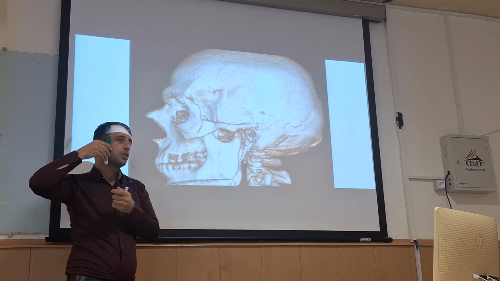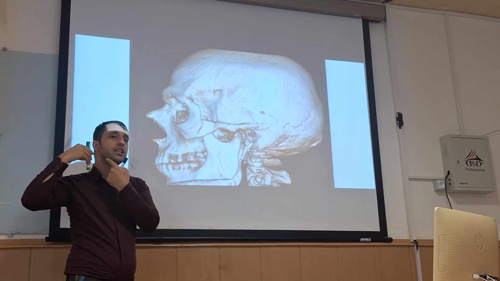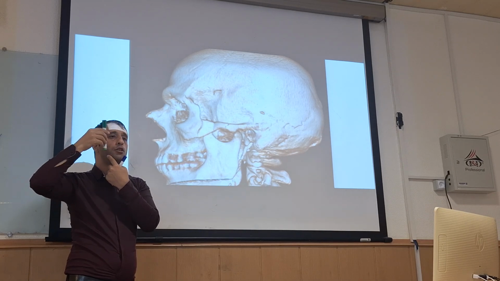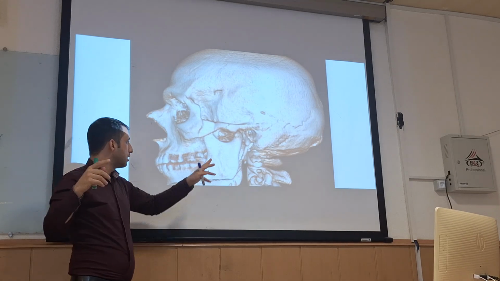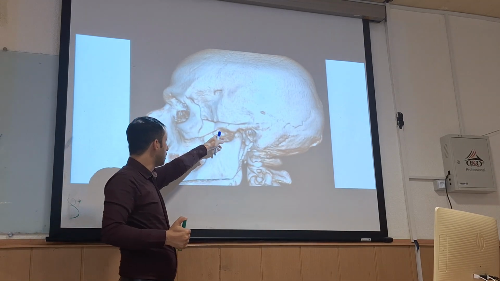The masseter muscle attaches to the zygomatic arc and zygoma, and inferiorly attaches to the ramus of the mandible. If you fix the mandible, this displacement will be treated.